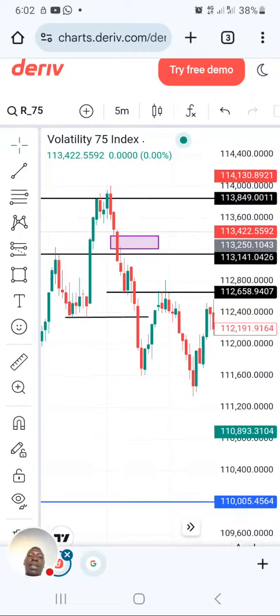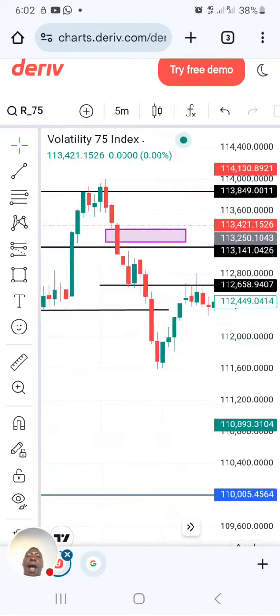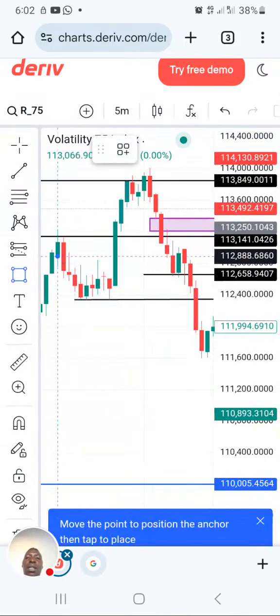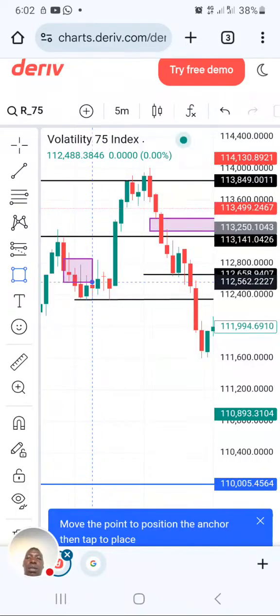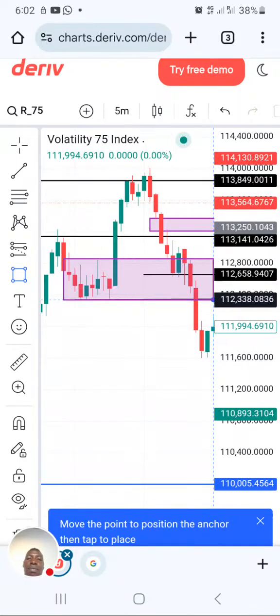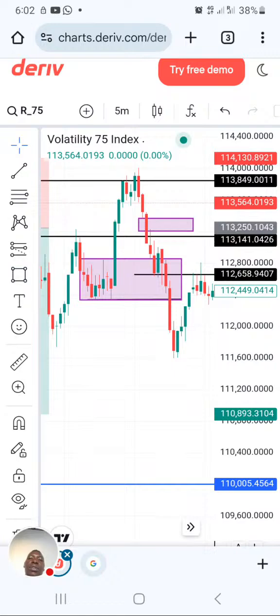So if this happened, you can see that we have in this ranging area, from this consolidation, all of this, we have a range. Do you see that all of them are lying in the same direction? This range was a support to push up, but we broke it.